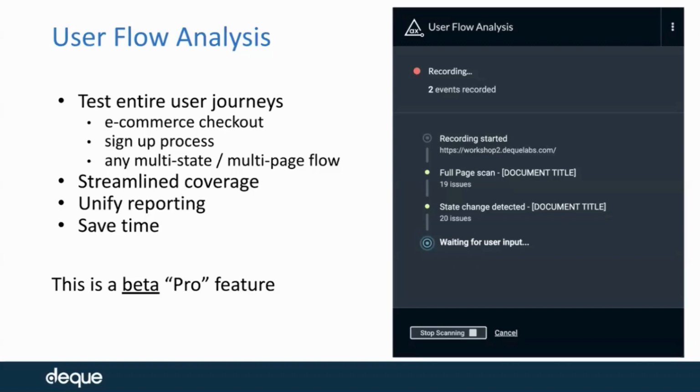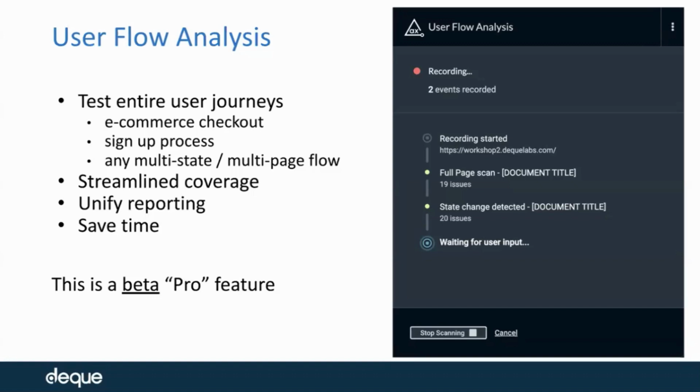Traditionally, with testing tools like Axe, you would have stood up separate tests for each major milestone within a flow. So like e-commerce checkout, maybe you would have had a saved test for the shopping cart view, and then the billing and shipping information page, and then maybe the purchase review page, and then finally the purchase success page.